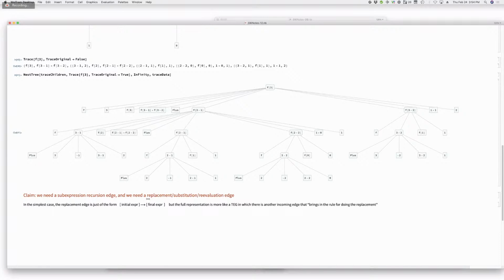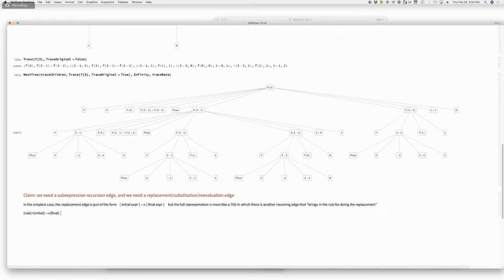So in other words, if we see here f of 3 goes to f of 2 plus f of 1, that will show up as initial expression, evaluation edge, final expression. But in reality, what we should be seeing there is something of the form, rule plus initial edge, initial goes to final. Does that make sense?